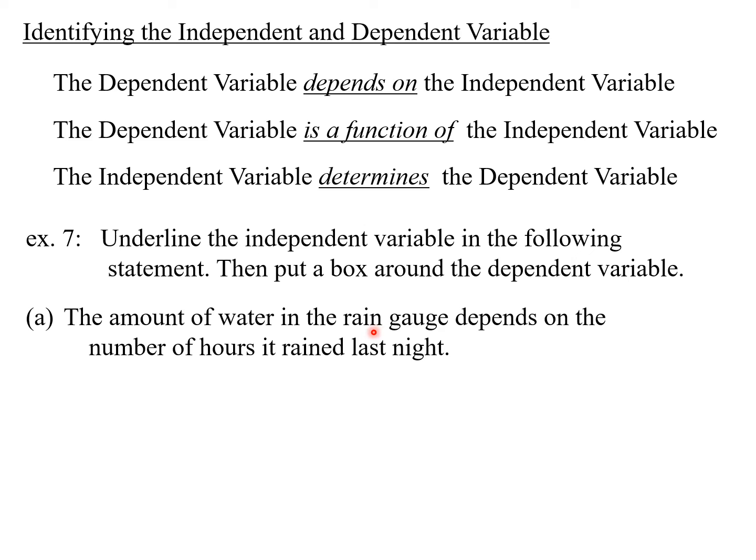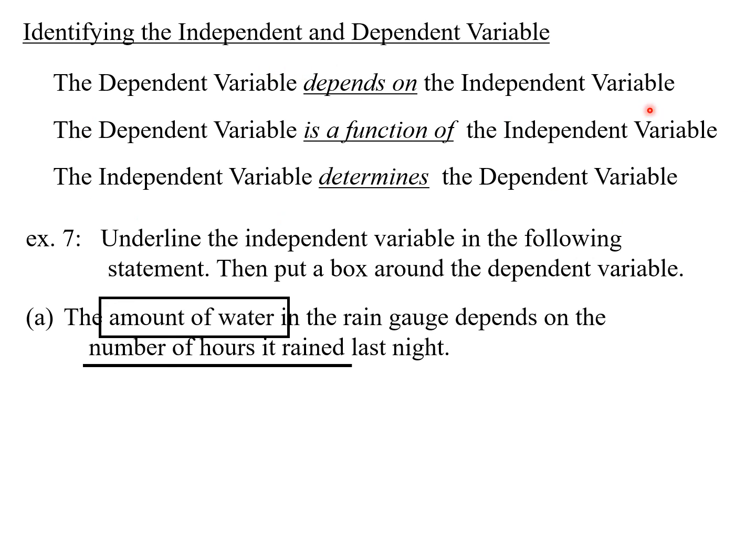I think you'll agree that it was the first one. The amount of water in the rain gauge depends on the number of hours it rained. So the number of hours it rained is the independent variable, and the amount of water is the dependent variable. Just interpret the English that way.